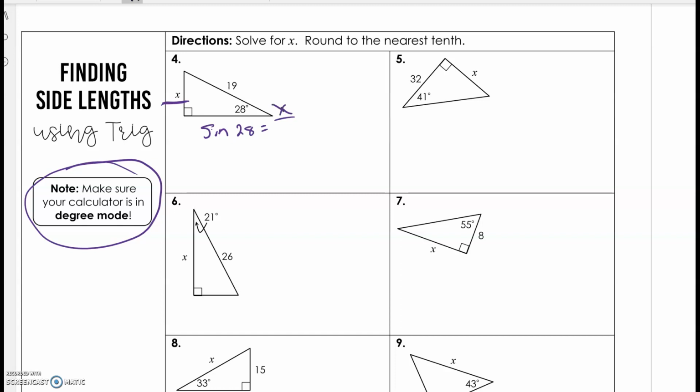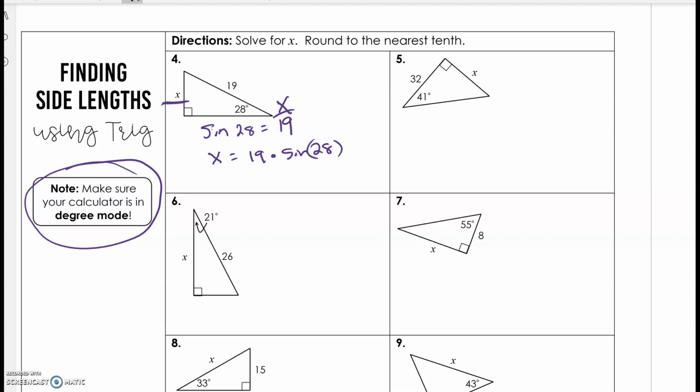I don't know it yet, over 19. So if I want to solve for x, I'm just simply going to say x is equal to 19 times sine of 28.